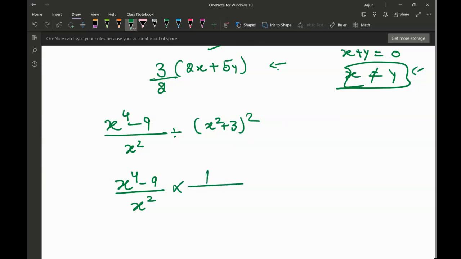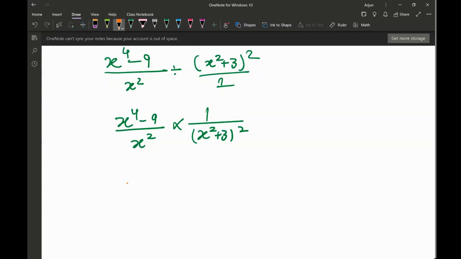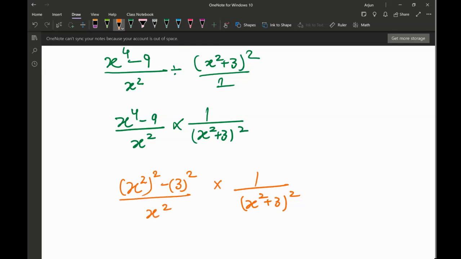This division will convert into multiplication. I'll place 1 in the bottom. I can write it as x square plus 3 whole square. Now what can I do with the top? I will convert it into difference of squares: x square square minus 3 square, multiplied by 1 over x square plus 3 whole square, and divided by x square.